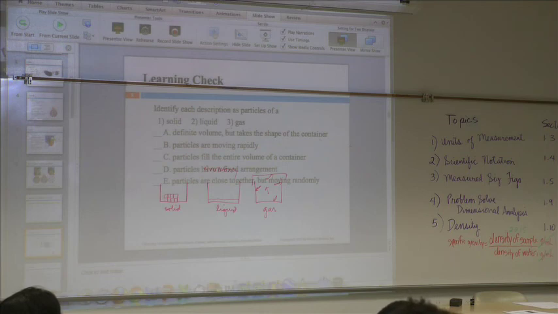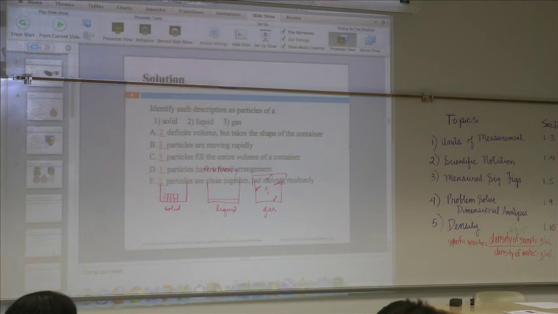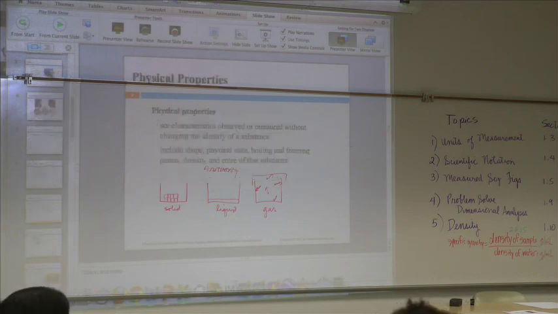Particles fill the entire volume of a container. Liquid. Fixed arrangement. Okay, good job. And particles close together but moving randomly. So therefore it is a liquid, right? Close together, moving randomly. So this textbook is actually nice, right? You learn the concept and then have some concept checks.